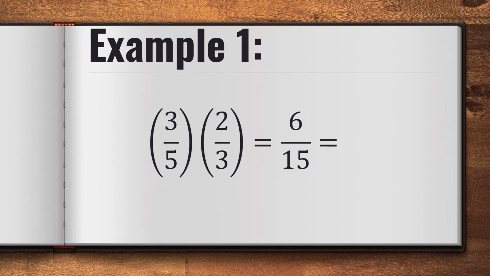You are correct, it is not yet simplified. What is the lowest term of 6 over 15? If your answer is 2 over 5, you are correct. 2 over 5 is obtained by dividing both 6 and 15 by their GCF, which is 3. So 6 divided by 3 is 2, and 15 divided by 3 is 5. Let us now proceed to the next example.